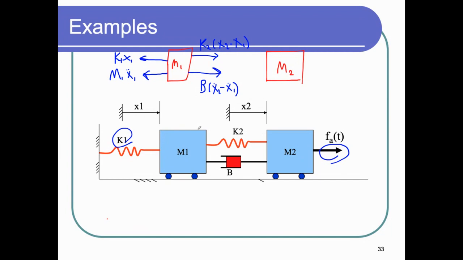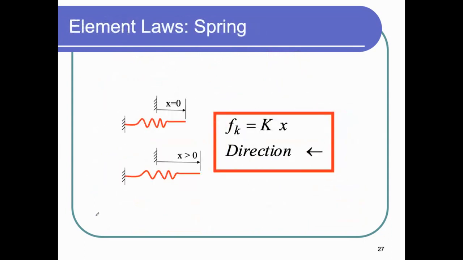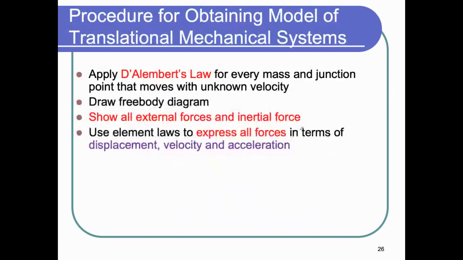So you take the relative displacement, the difference between the two: the one further in the reference direction minus the other. If I go back to the element laws, here it's kx, like x minus 0. There is no other displacement on the other side. This is the reference position, it is 0, so we just skip that 0.